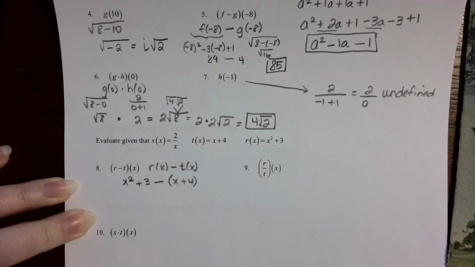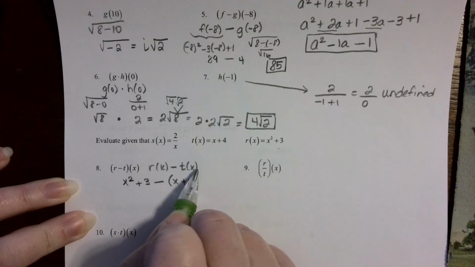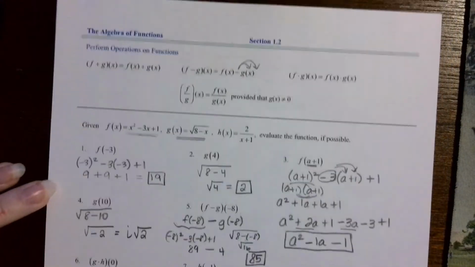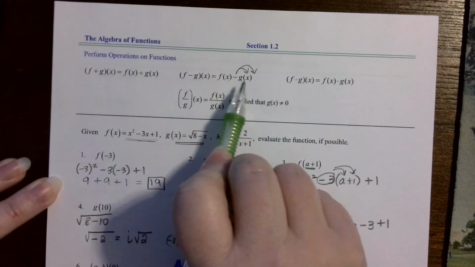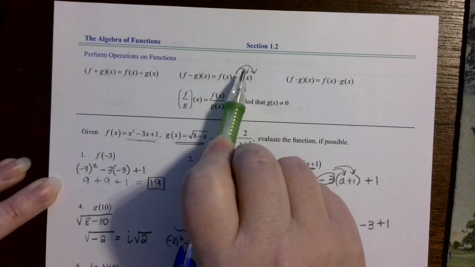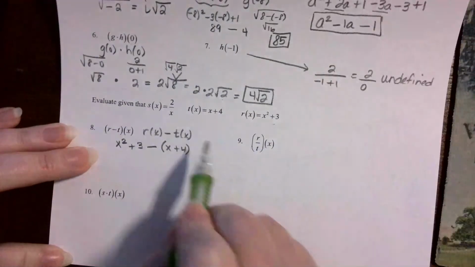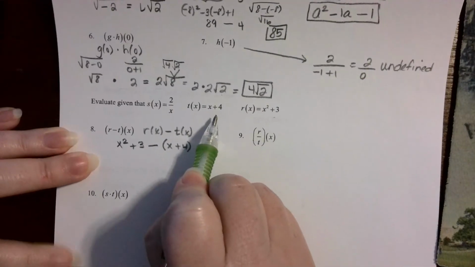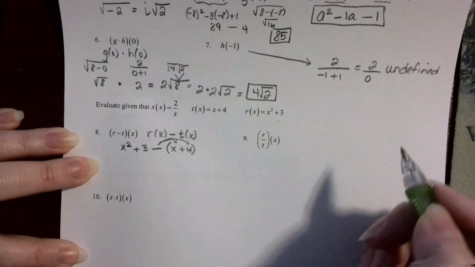Sorry for the dog distraction. You have to distribute that minus sign. You have to have parentheses because t has more than one thing. And remember, at the very beginning of all of this, I said you have to be really careful when doing subtraction. If your second item has more than one term, you're going to have to distribute, which lots of people end up forgetting.